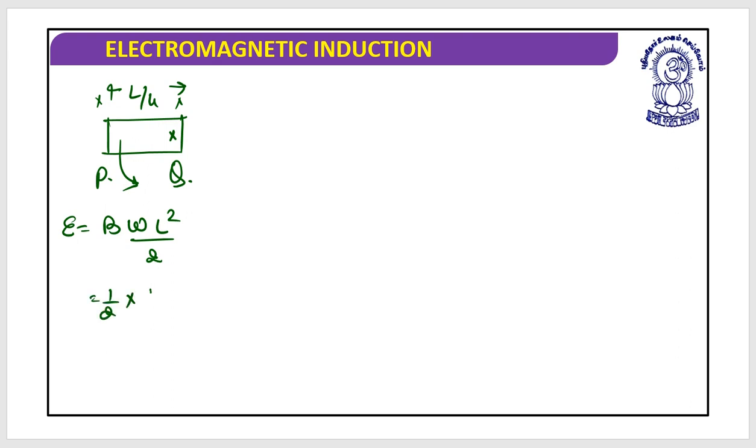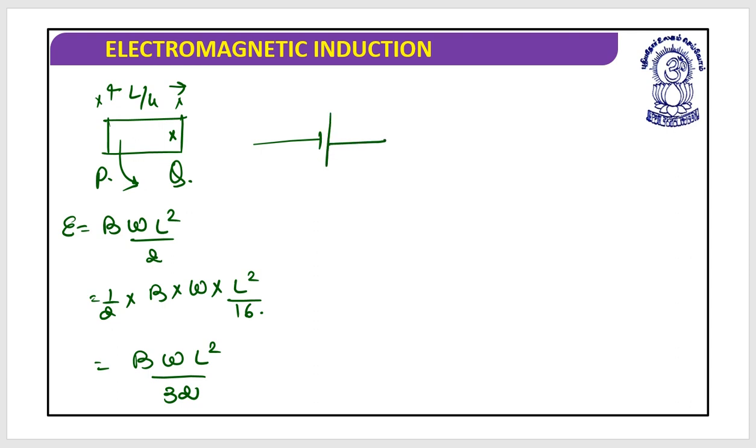It's 1 by 2 into B into omega into L square by 16. So this equals B omega L square by 32. When I write this, this terminal is positive and this one is negative. It's P, this is Q. I hope this is clear.